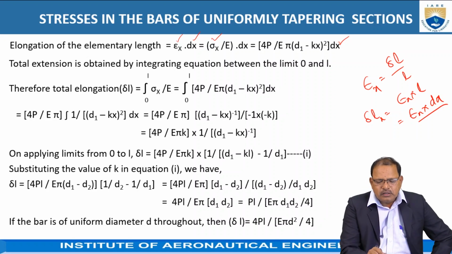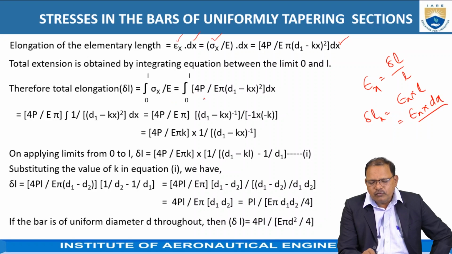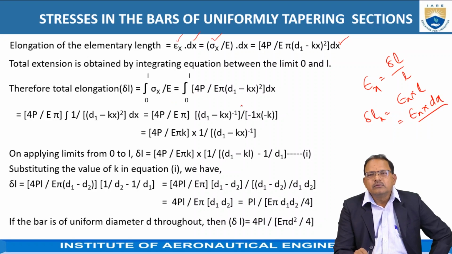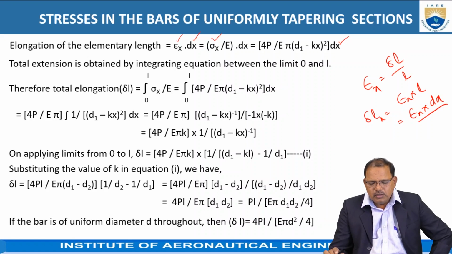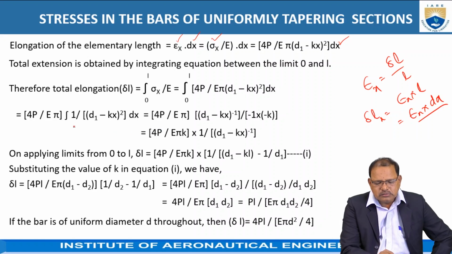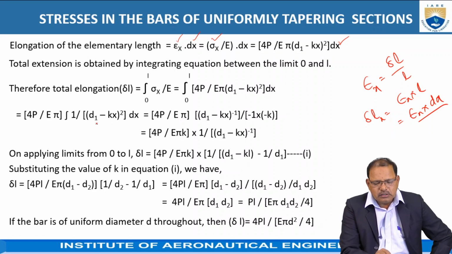That is, the integral from 0 to L of sigma x divided by E, which is equal to the integral from 0 to L of 4P divided by E pi into (d1 minus kx) whole square into dx. So it can be written as: 4P is a constant, E and pi are also constant, and the remaining term is (d1 minus kx) whole square.